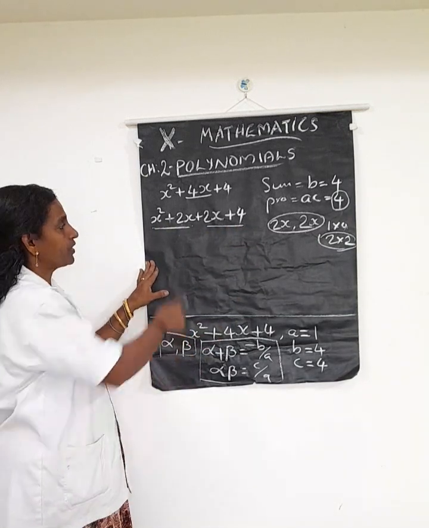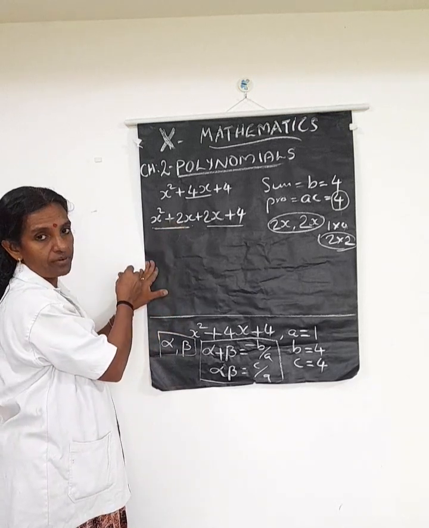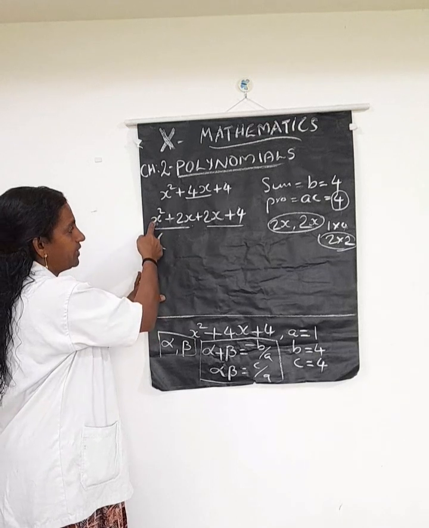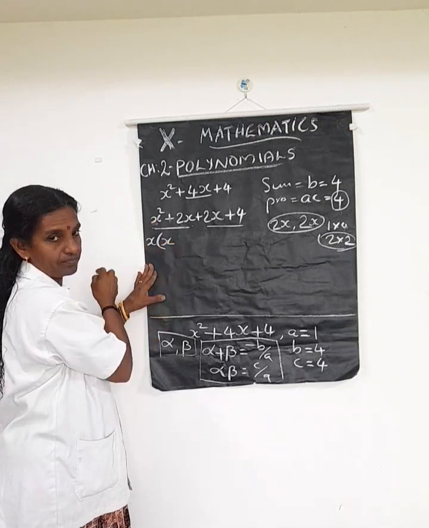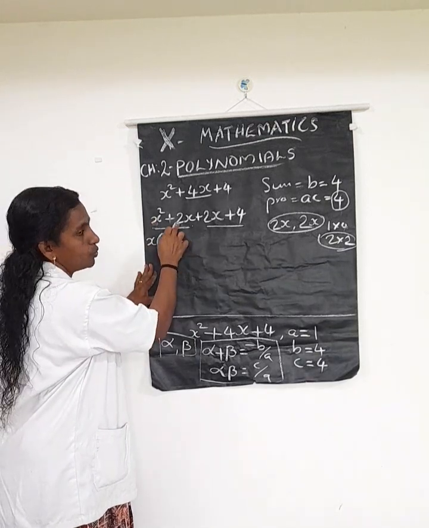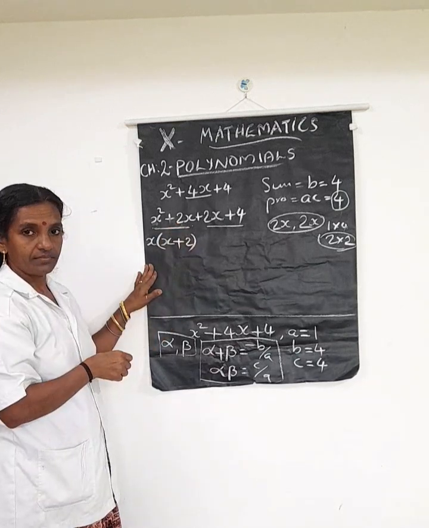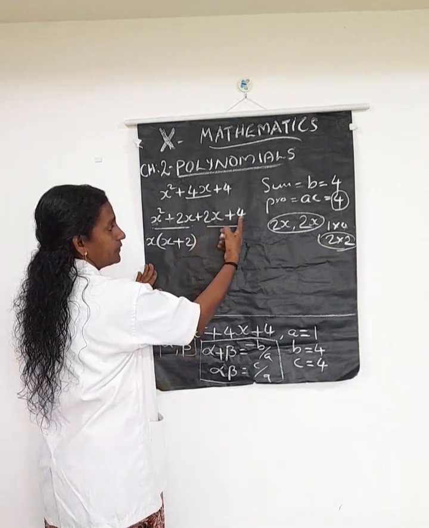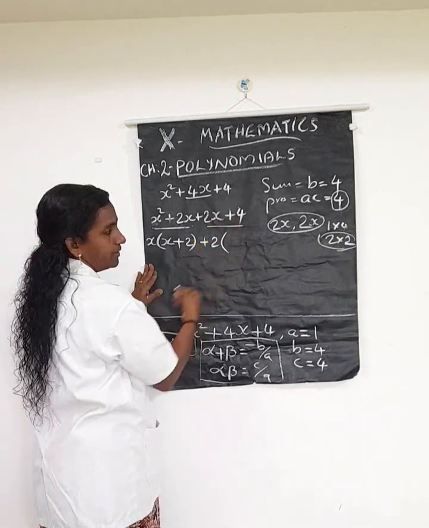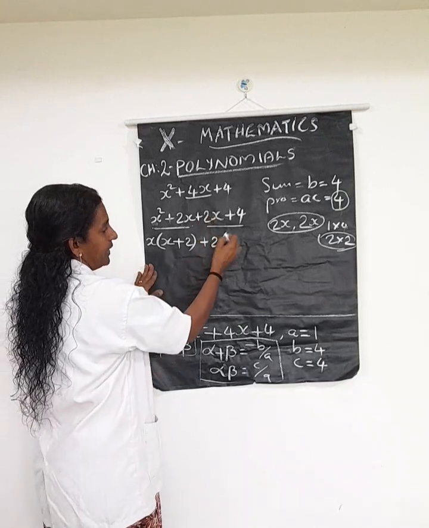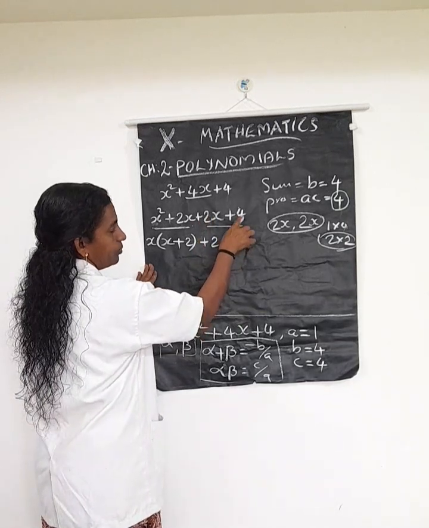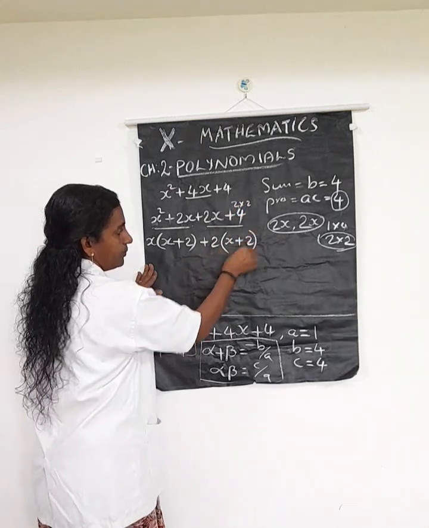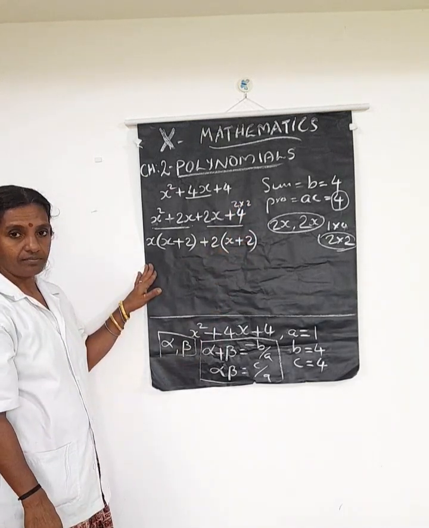From the first 2 terms, x is common. X into x plus 2. Then from the third and fourth terms, 2x plus 4, 2 is common. 2 into x plus 2.